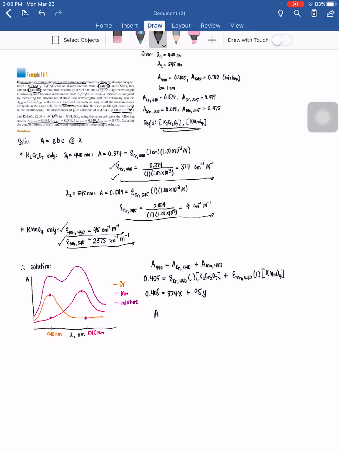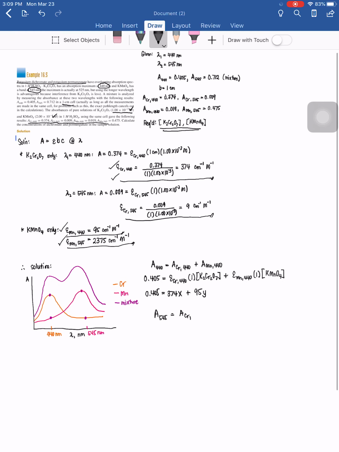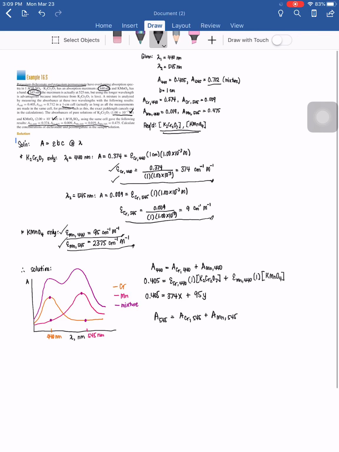Now we can do the same for the total absorbance at 545 nanometers. So the total absorbance should just be equal to the contribution of chromium at 545 nanometers plus the contribution of permanganate at this same wavelength, so that I now have this particular expression. At 545 nanometers, the absorbance is 0.712.